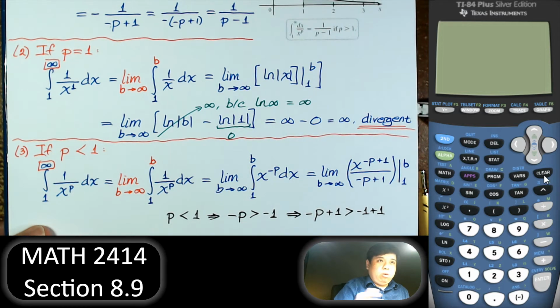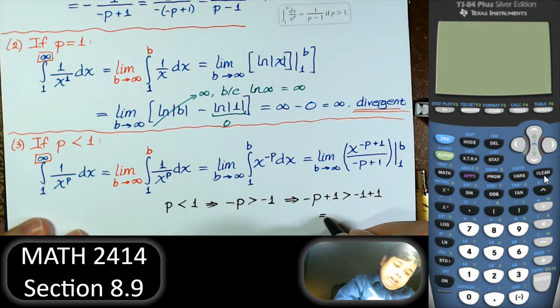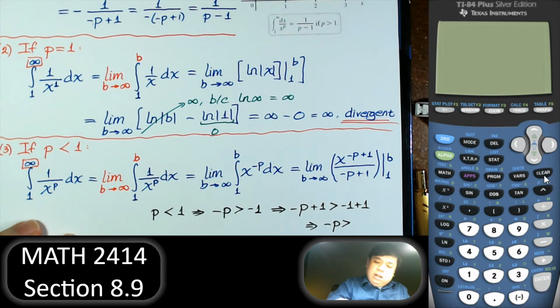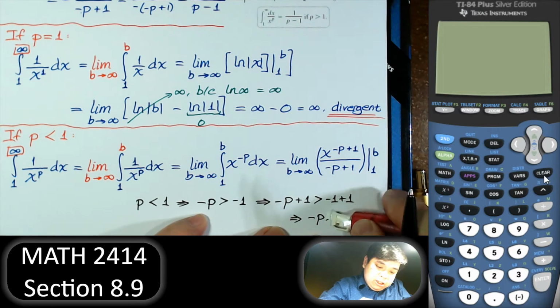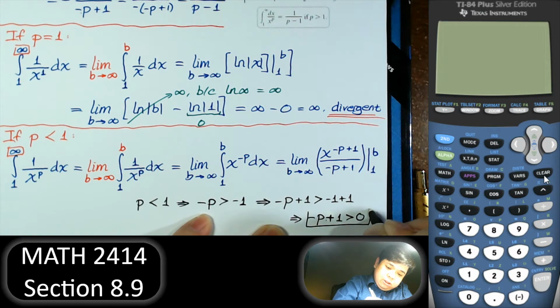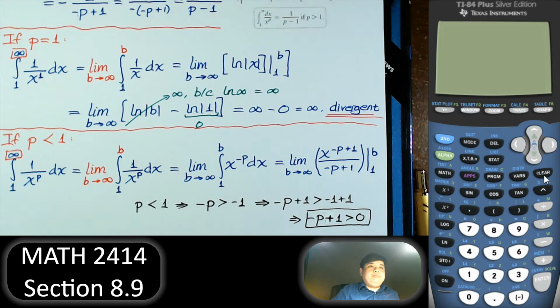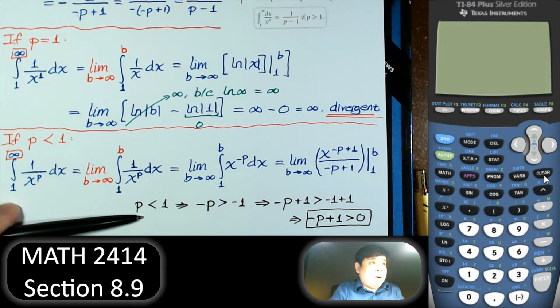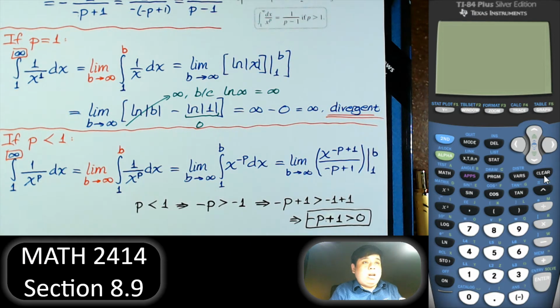Just add 1 on both sides. And that gives us negative p plus 1 is greater than 0. So that is positive. So when p is less than 1, negative p plus 1 is positive.